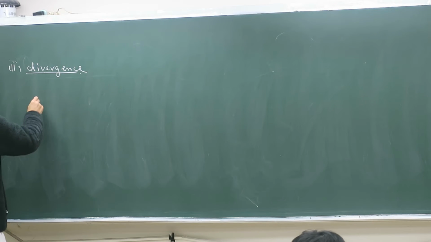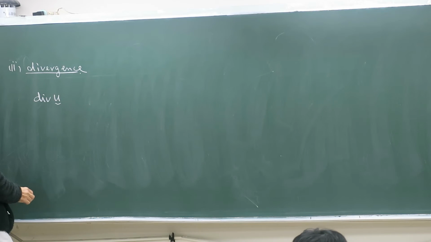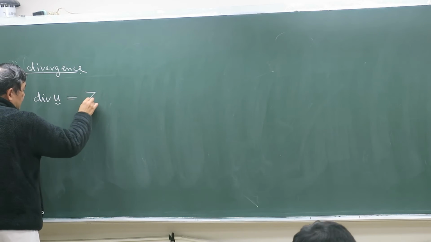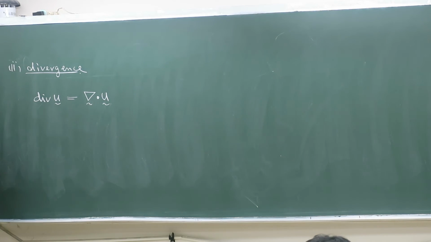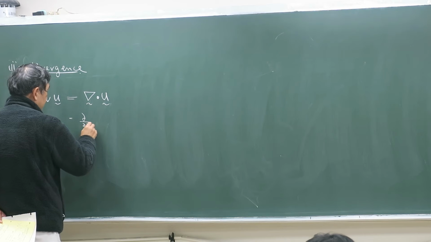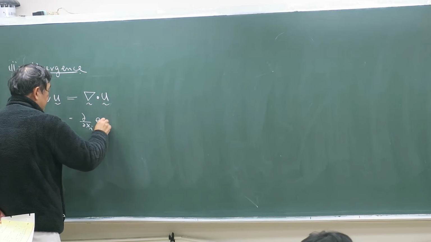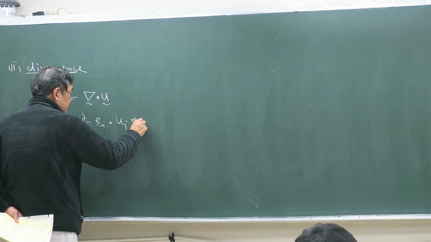We say divergence u means nabla dot u. See what we have? That will be partial xi ei dot uj ej.